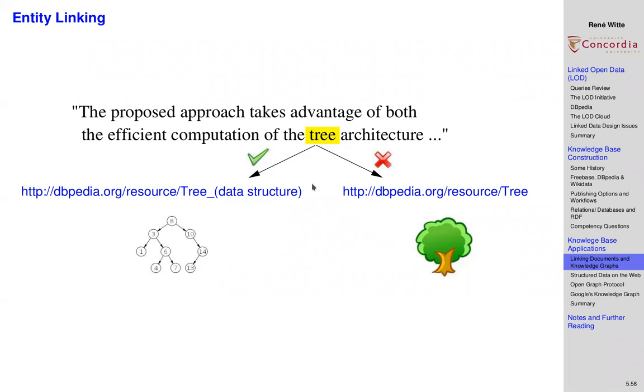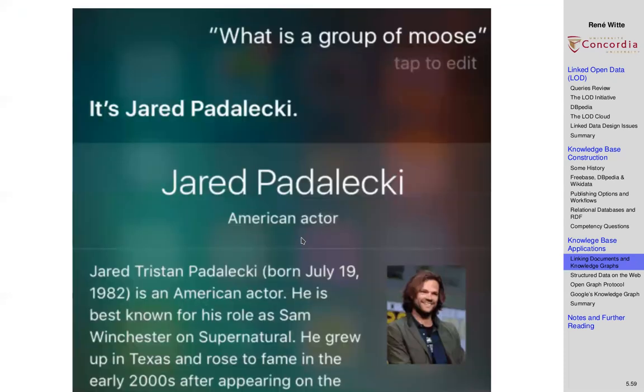Whenever you deal with natural language, you have all of these ambiguities and things will go wrong. The techniques for working with natural language have improved, but there are still a lot of challenges. And whenever something goes wrong in an entertaining way, this is what you see coming up on social media. Like this one, I also showed you somebody asking Siri, what is a group of moose? Is it a flock? Is it a clouder?